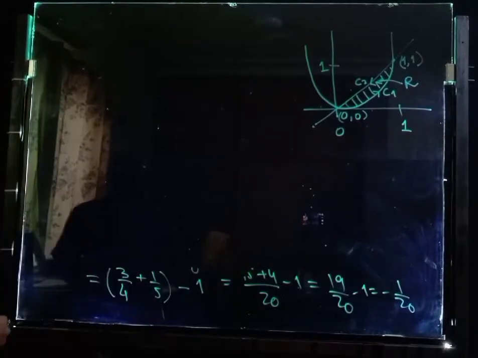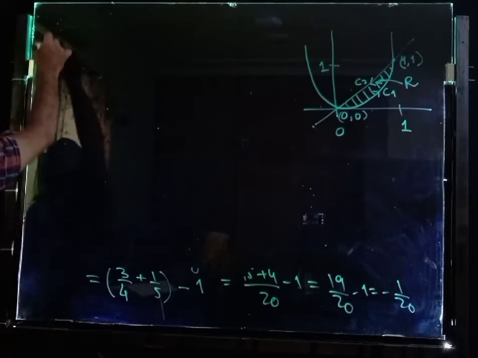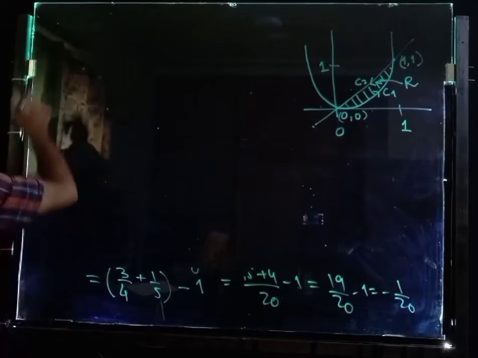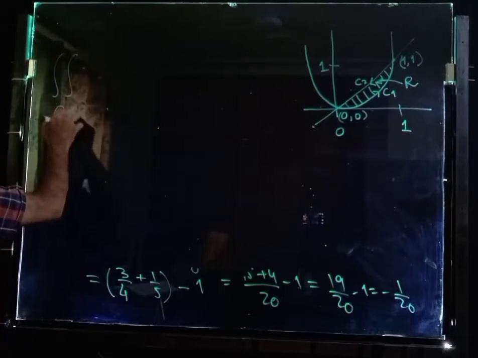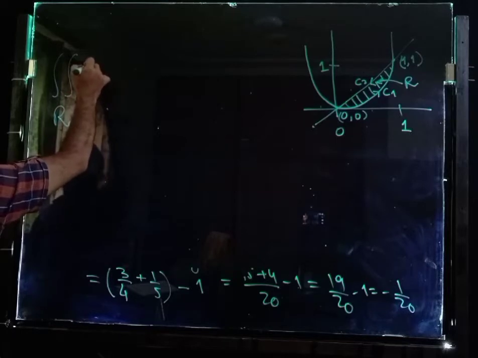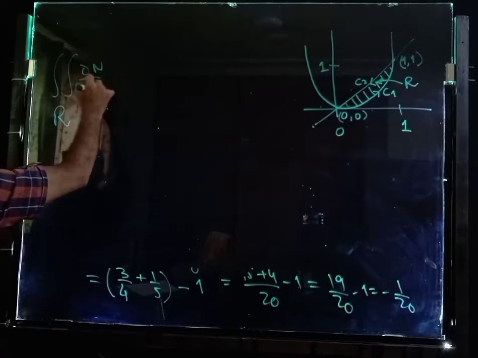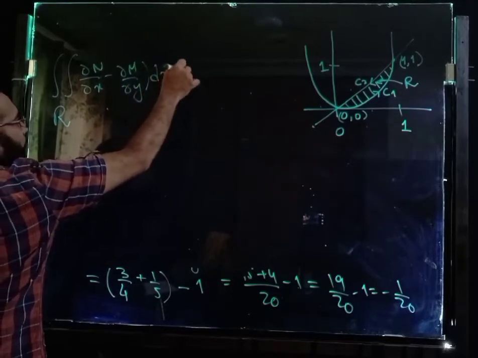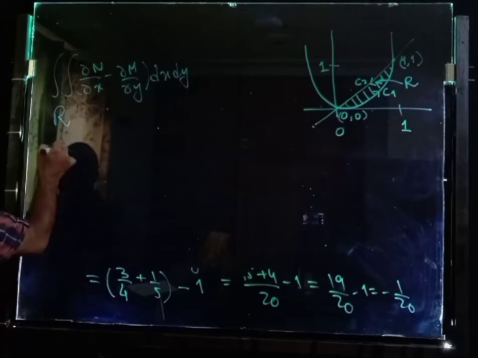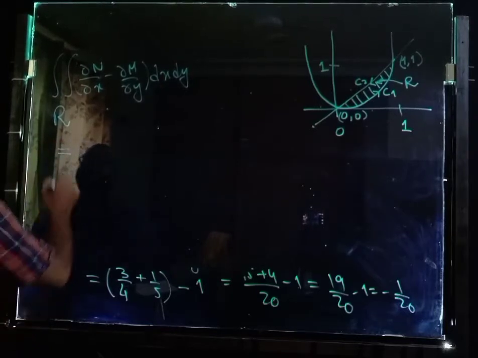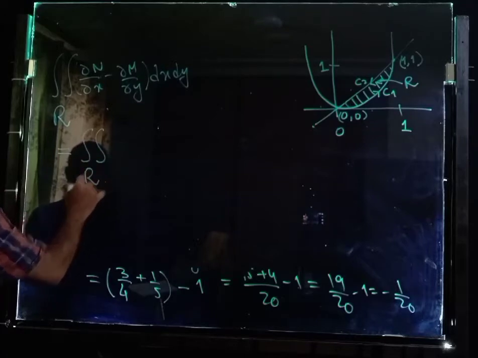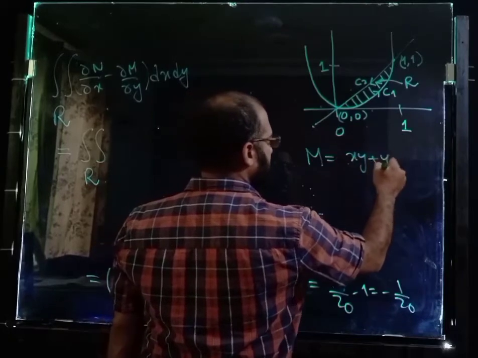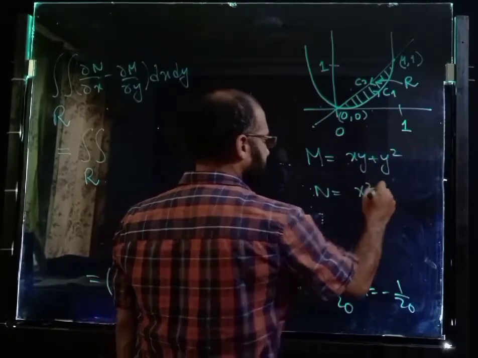So dear student, I can write here for the region R, M is defined as xy plus y square and N is defined as x square.